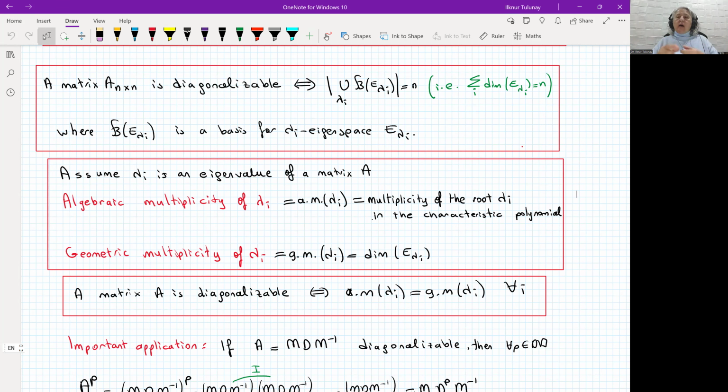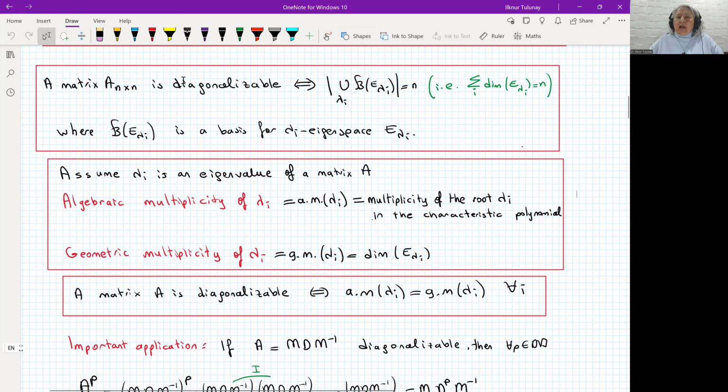When you add them up, you have 3, which gives you the size of the matrix. So there will be no degenerate form in the structure, and you can find a basis of the whole space by looking at the bases of the eigenspaces of the matrix. That's another way to put it.